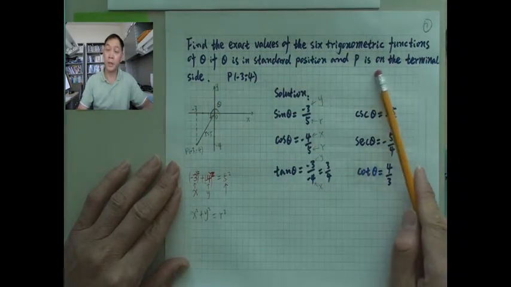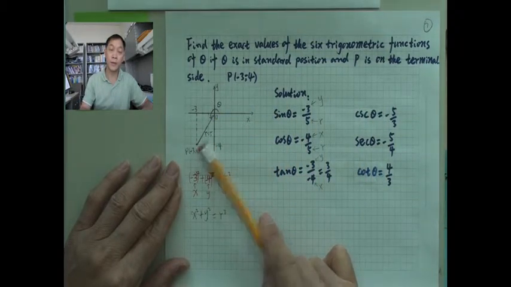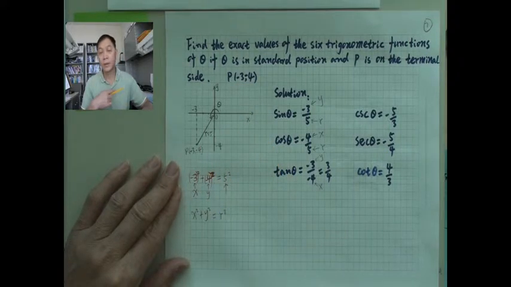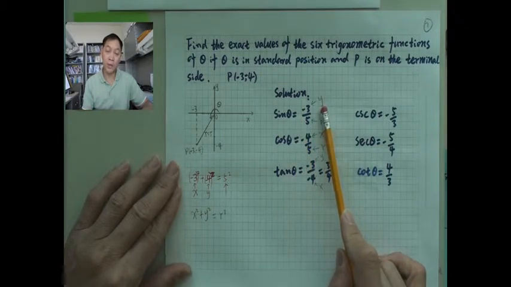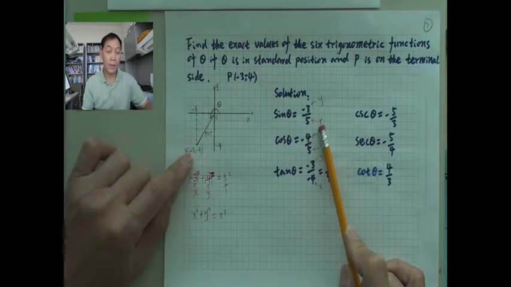And P is on the terminal side, right here. P is (-3, -4). Now sine is y over r, as I said before. And what is our y in this case?